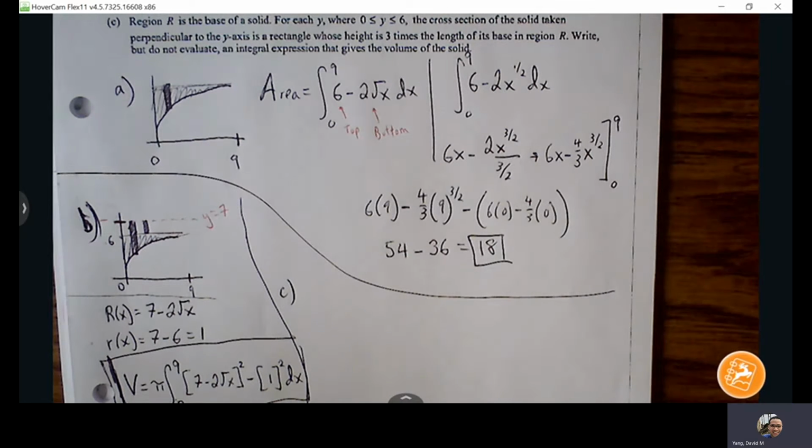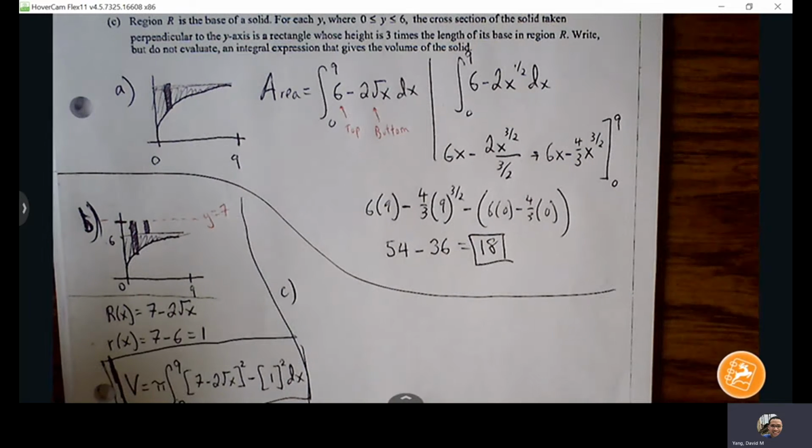Okay. So horizontal means we have to adjust our equation, right? Our equation from A and B has to be rewritten.